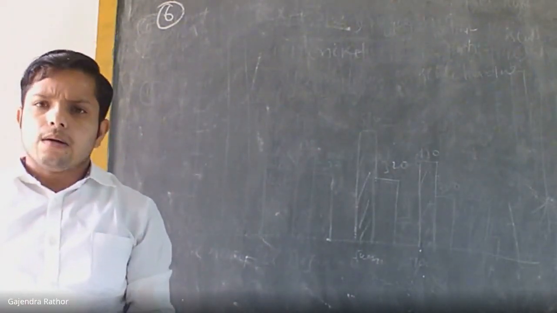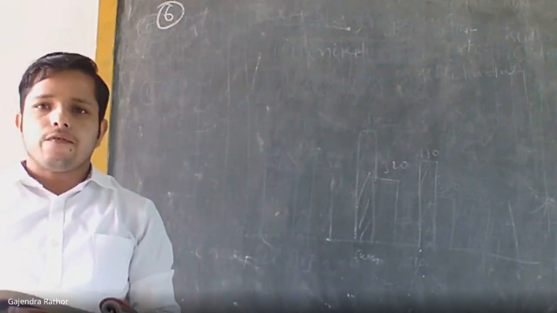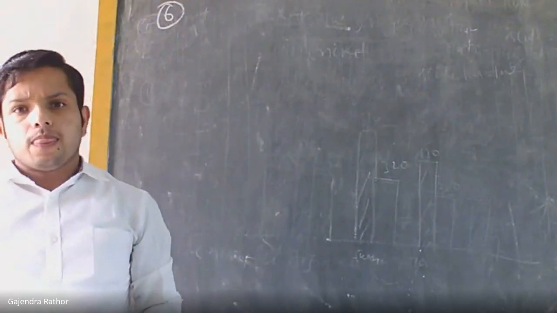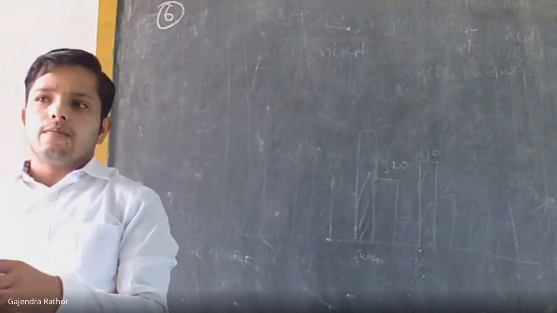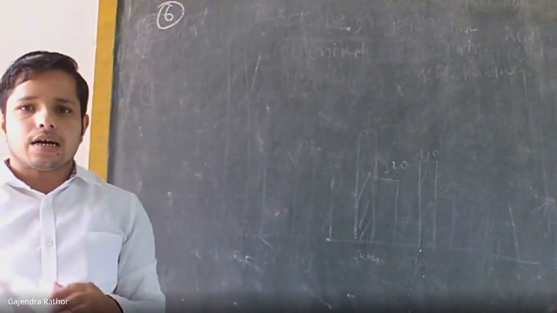Plot a double bar graph using the data and answer the following. Okay, so first we have to draw the double bar graph for table 3.1. Then we have to answer.